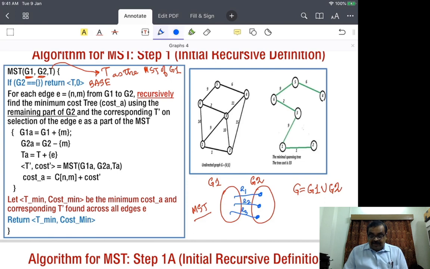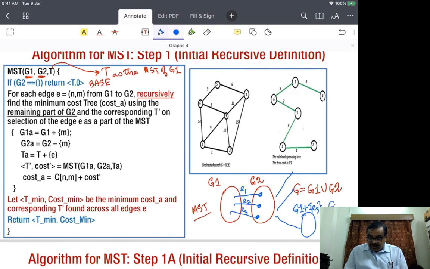Now we branch out in as many ways as there is these number of edges. What we do, suppose we choose E3, then in G1 we add G1 plus E3.